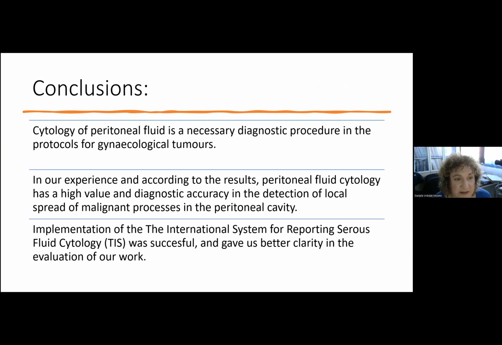In our experience, peritoneal fluid cytology has a high value and diagnostic accuracy in the detection of local spread of malignant processes in the peritoneal cavity. And when we use the International System for Reporting Serous Fluid Cytopathology, it was very successful and gave us better clarity in the evaluation of our work.